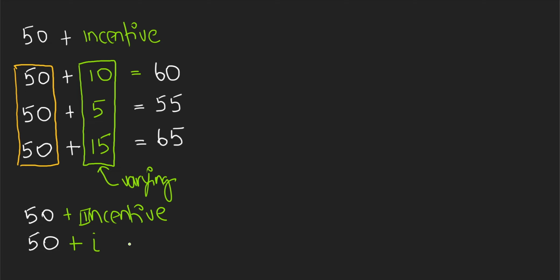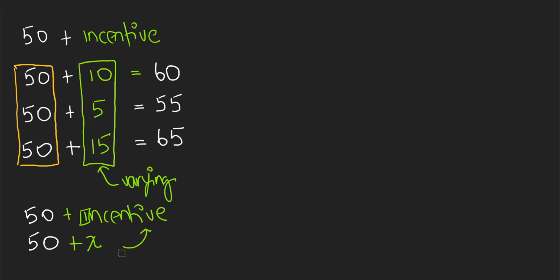I can use any other alphabet to represent this, not necessarily I. I chose I because it is the first letter of incentive, so I can use A, or I can use X, or any other alphabet.